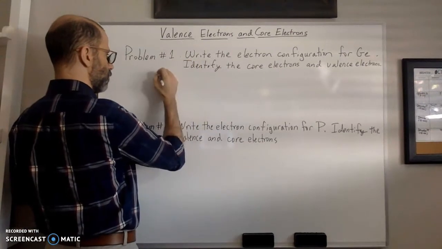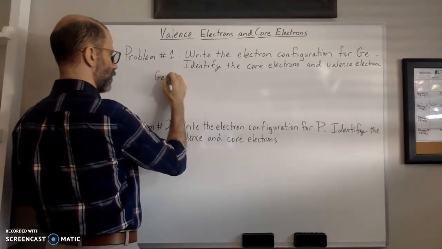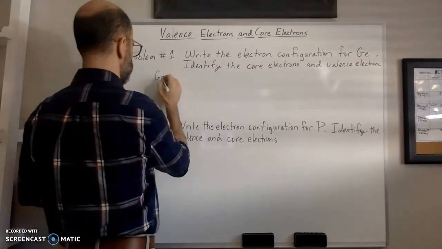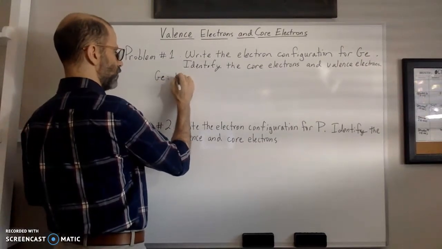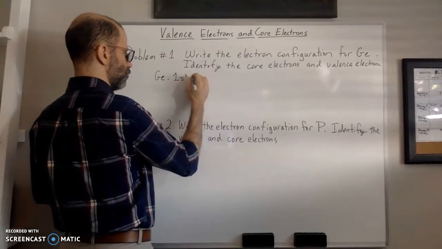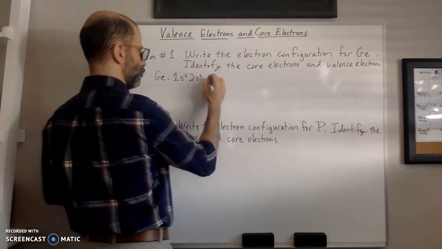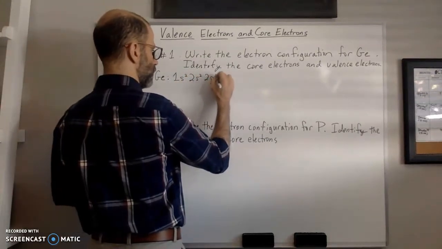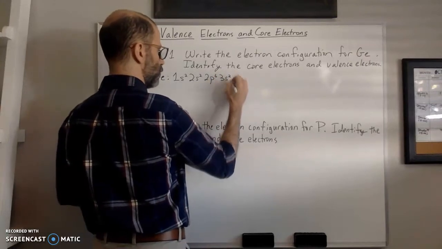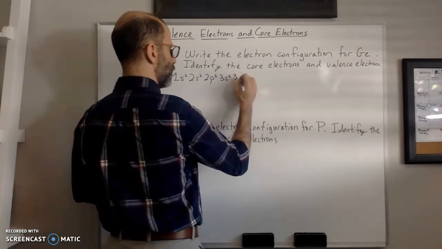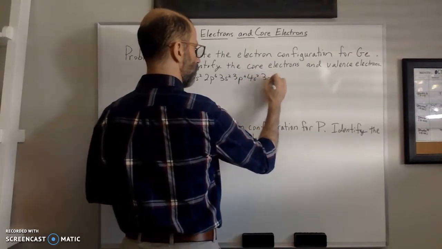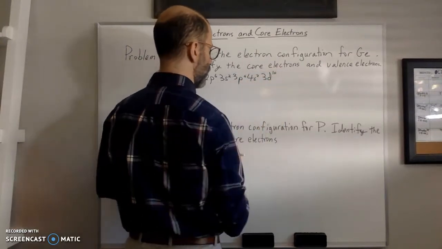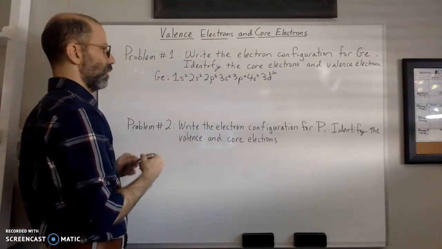So the electron configuration for germanium is going to be, we start with 1s2, 2s2, 2p6, 3s2, 3p6, 4s2, and then we have 3d10, and that should give us 30 electrons.